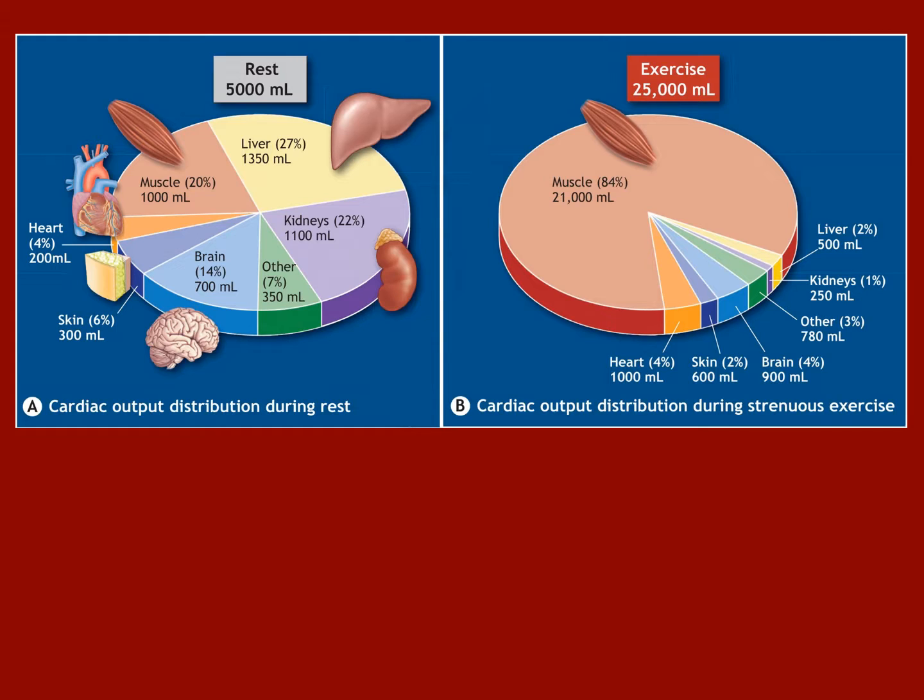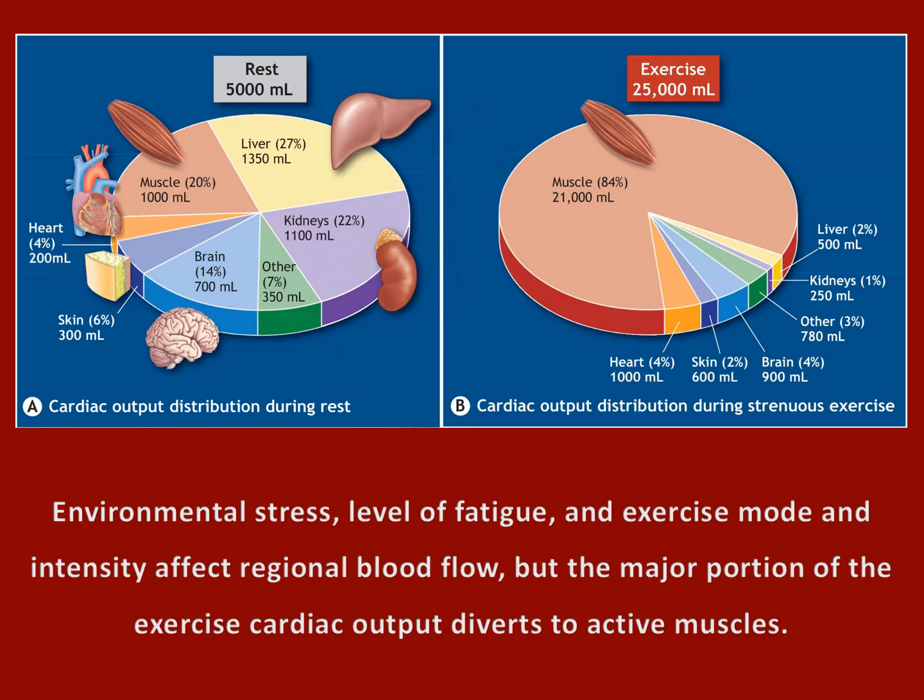Note how much blood is distributed to the muscle, especially when exercising. Environmental stress, level of fatigue, and exercise type and intensity affect local blood flow, but most of the cardiac output is diverted to the active muscles during exercise.